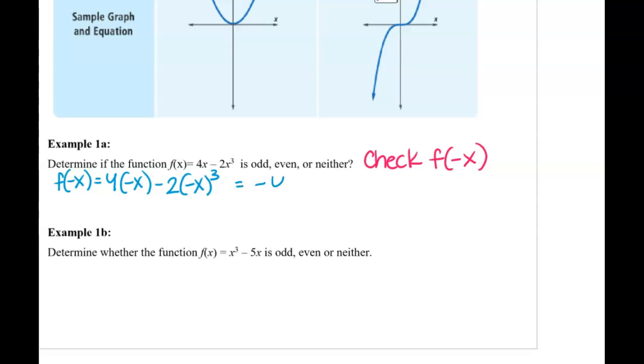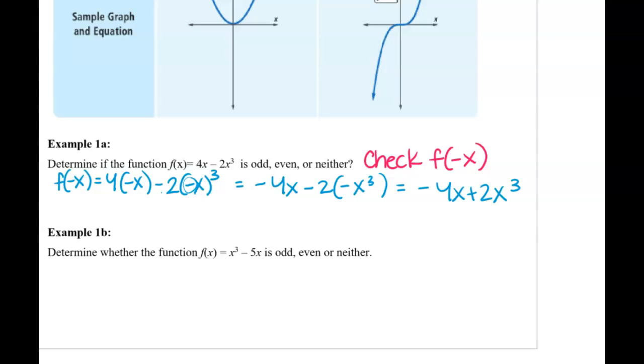Which is negative 4x. Basically negative 2 times negative x cubed. So it would be a negative 2 times just negative x cubed, because negative 1 cubed is negative 1. And so this is negative 4x plus 2x cubed.